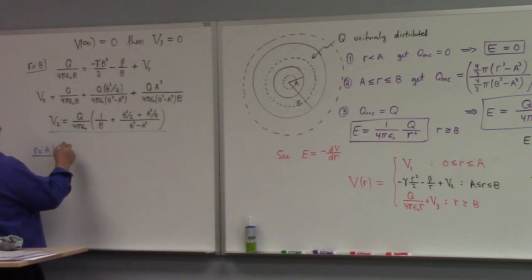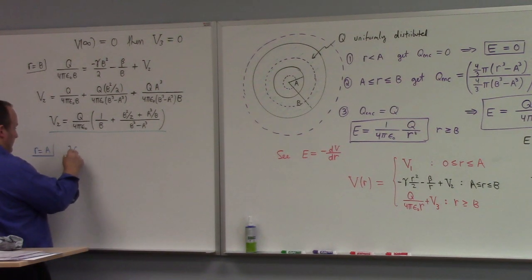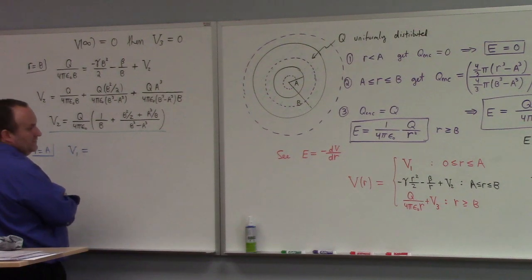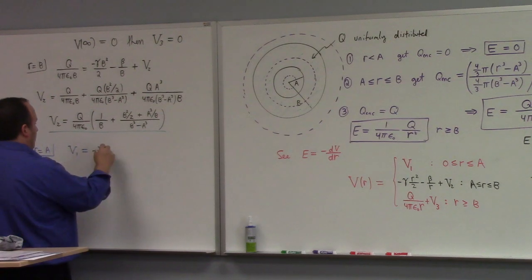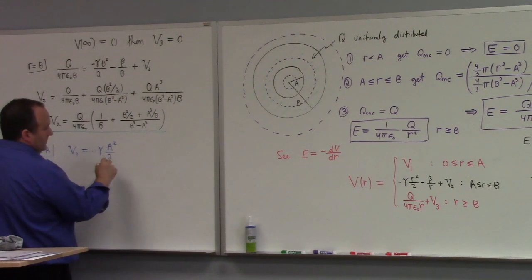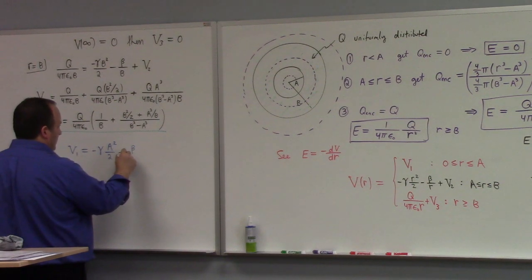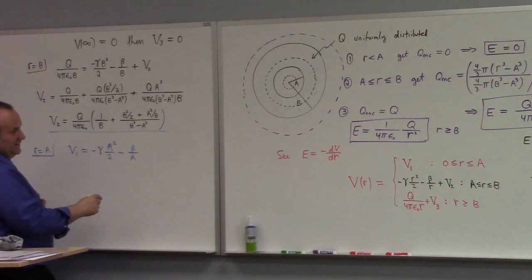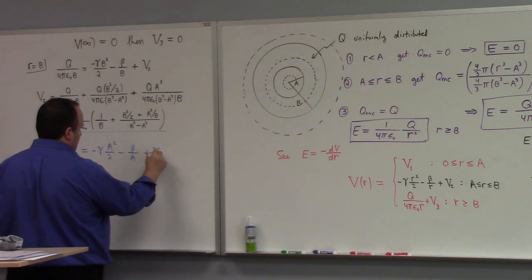Well, anyway, it's pretty simple. We have V1, that's the inside voltage, equal to minus gamma A squared over 2, minus beta divided by A, because that's R in this case, plus V2, where V2 is this monstrosity.